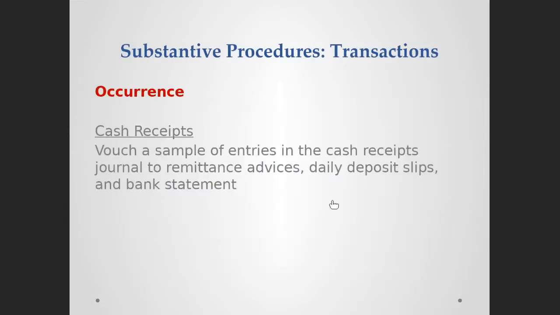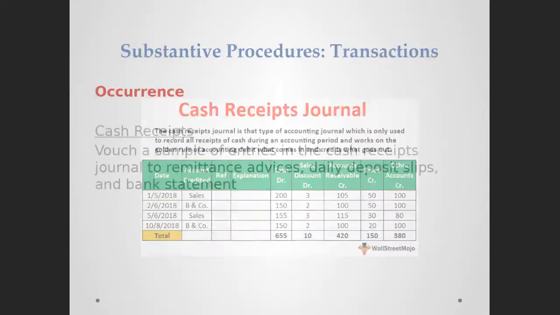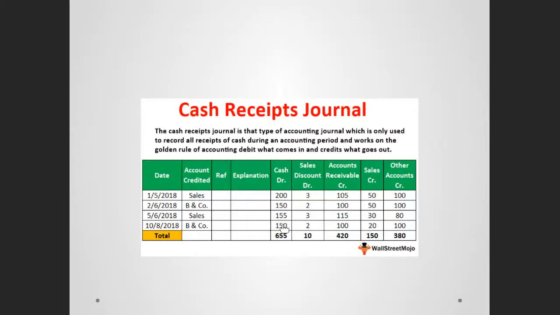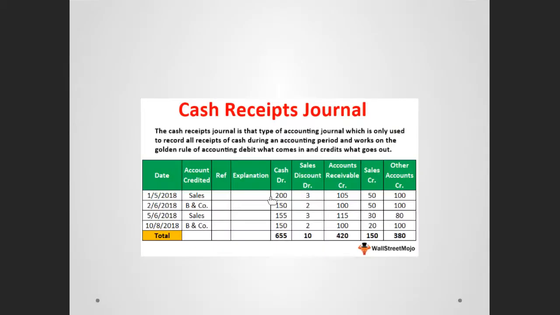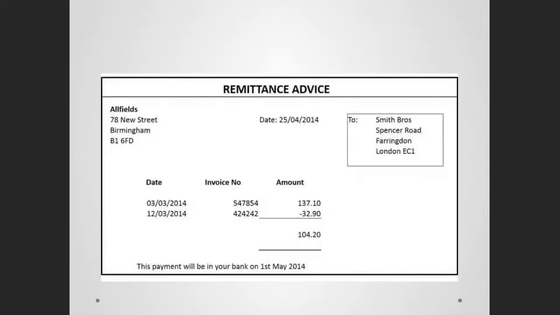The second thing we have here is the daily deposit slip. Okay, so Muhammad, this money is recorded here as received. If you go to a remittance advice which shows the notification of that payment, notification of that receipt, then this gives you confirmation that this amount recorded here was actually received.